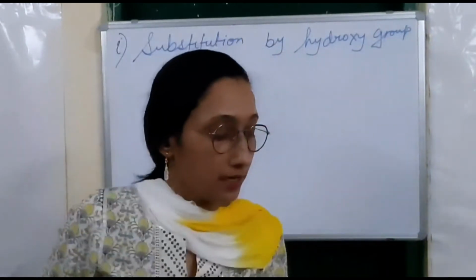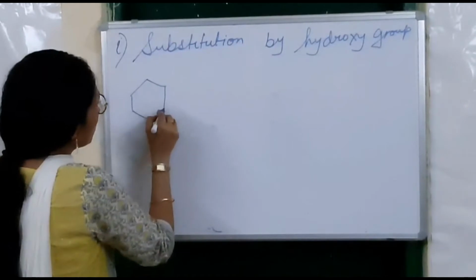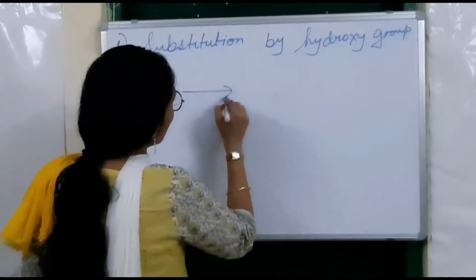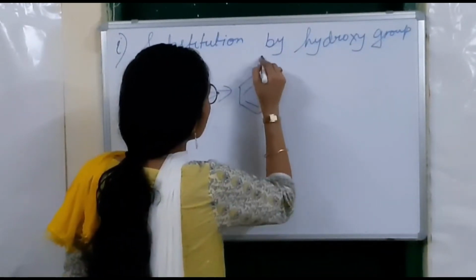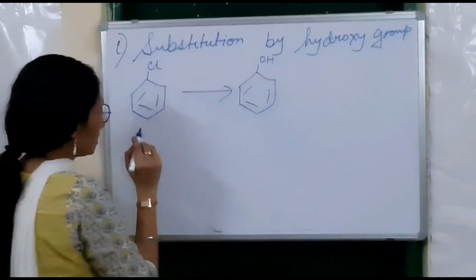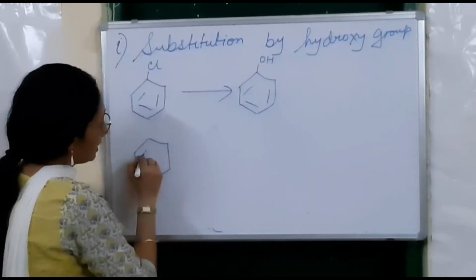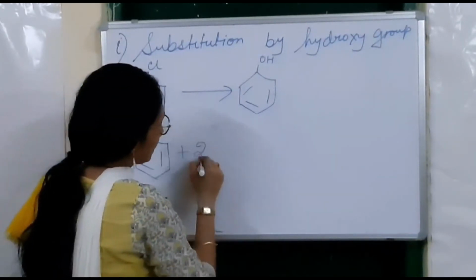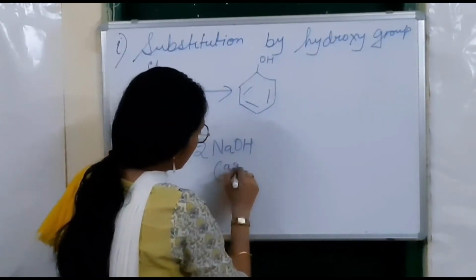That means here we will convert chlorobenzene to phenol. So how will we carry this out? First we will heat chlorobenzene with aqueous NaOH solution.